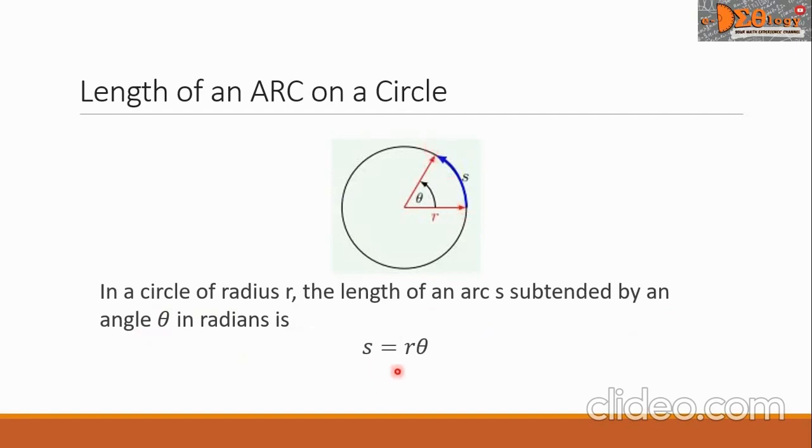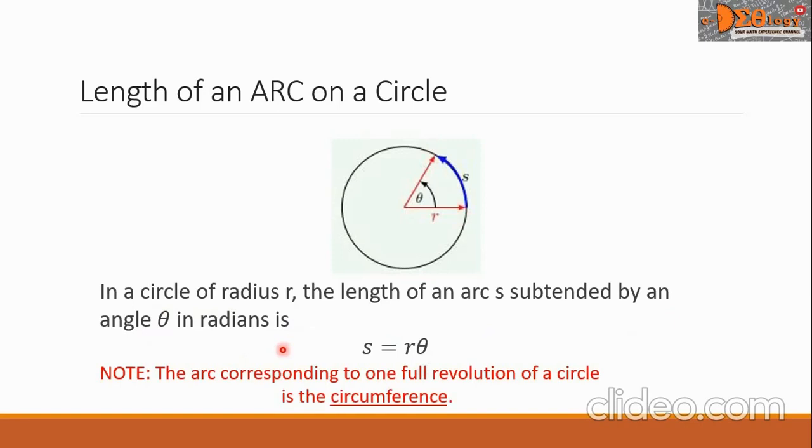S equals the radius times the angle in radians. Please note, the arc corresponding to one full revolution of a circle is the circumference.